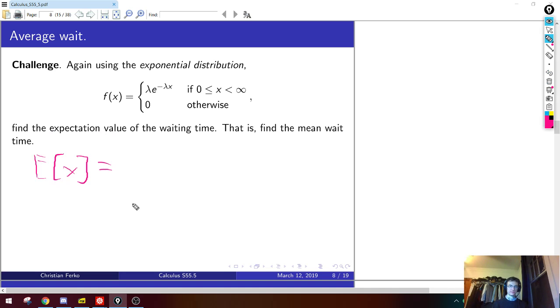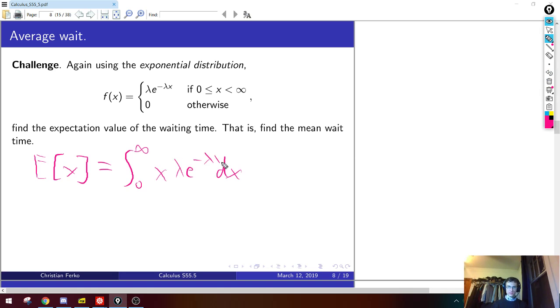The integral from 0 to infinity of x lambda e to the negative lambda x dx. So I think we have to integrate by parts to kill off this x. What should I do?